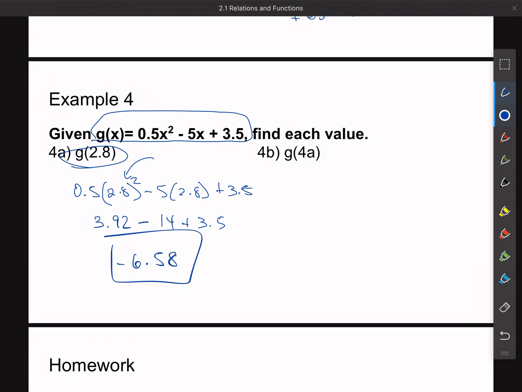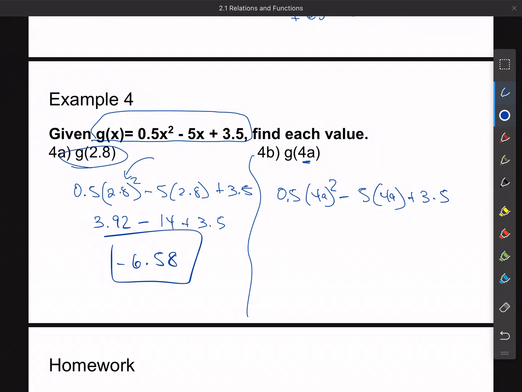6.58. Then they want us to do 4b, where instead of a number here, we're plugging in a term for a. So the answer is going to be in terms of a, right? So we're just going to plug in 4a for x. So we have 0.5 times 4a squared minus 5 times 4a plus 3.5. If you square 4a, remember that you have to square both things there.